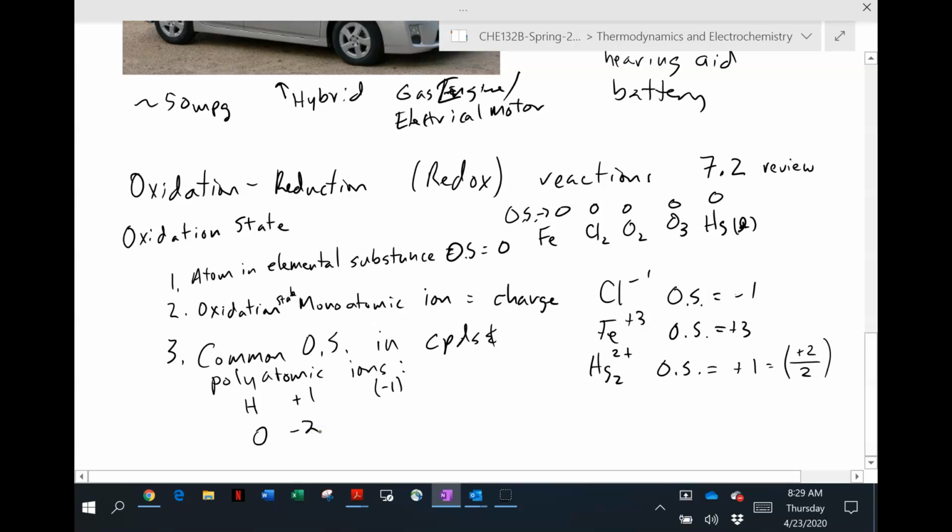There is one commonly discussed weird oxidation state of oxygen. If I have hydrogen peroxide, then you have the O2 2- ion, which is effectively O -1 in the peroxide.